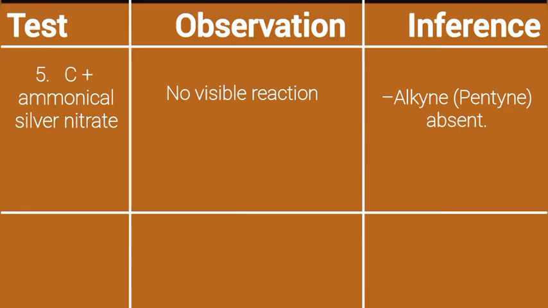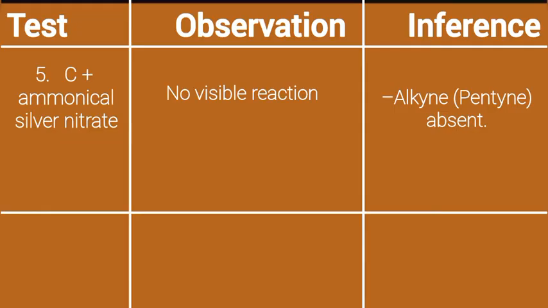If an alkyne is present, terminal alkyne particularly, then there would be a reaction. That ammoniacal silver nitrate would produce a white precipitate. But we are assuming that in our observation there is no visible reaction. It therefore means that alkyne has been eliminated.